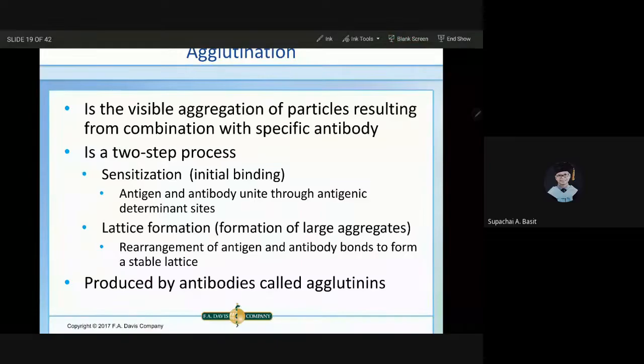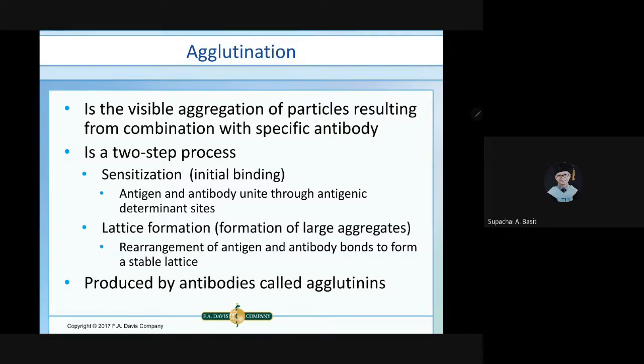Okay, so therefore, agglutination reaction is defined as the visible aggregation of particles resulting from combination with specific antibody. So just like your precipitation reaction, agglutination reaction is a two-step process.